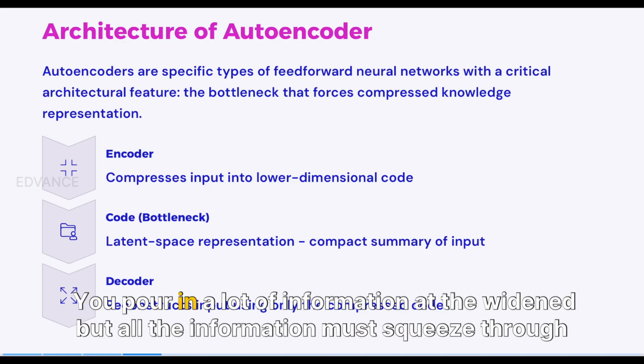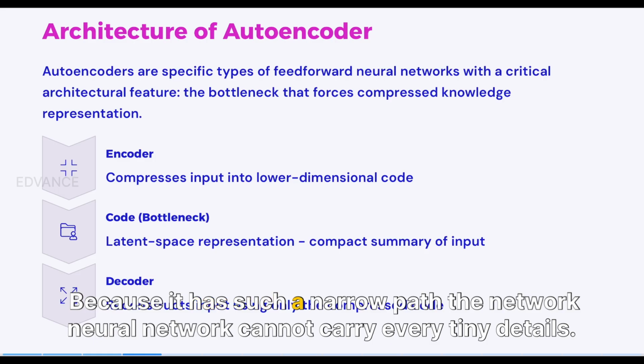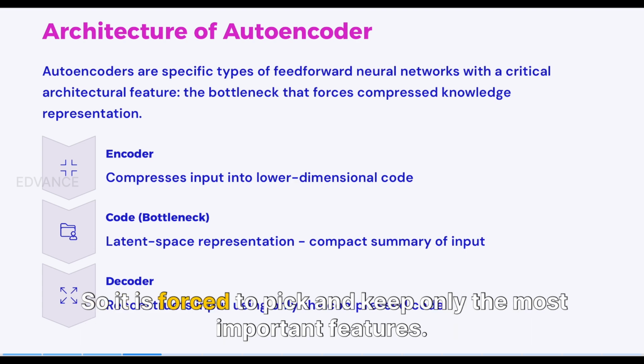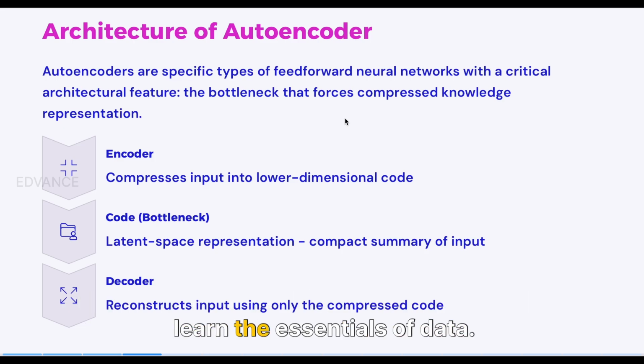You pour in a lot of information at the wide end, but all the information must squeeze through a narrow passage before it comes out again. Because it has such a narrow path, the neural network cannot carry every tiny detail. So it is forced to pick and keep only the most important features. This is the secret behind autoencoders, where the bottleneck forces the neural network to learn the essentials of data.